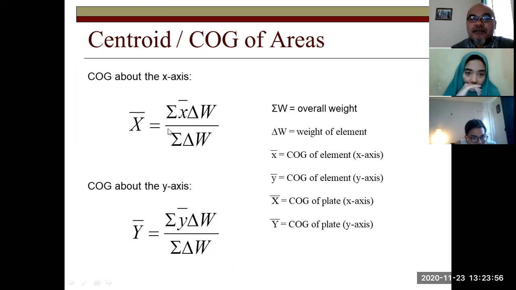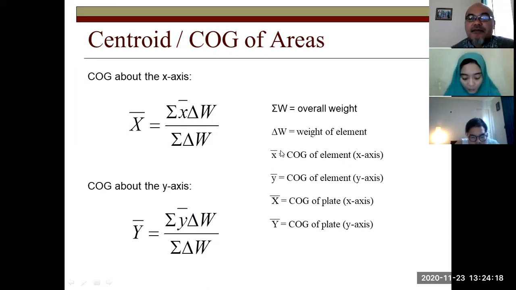Because the x of the centroid times the total weight of that plate equals the sum of the moments from each element in that plate. Sigma W here is the overall weight. Delta W is the weight of a single element.